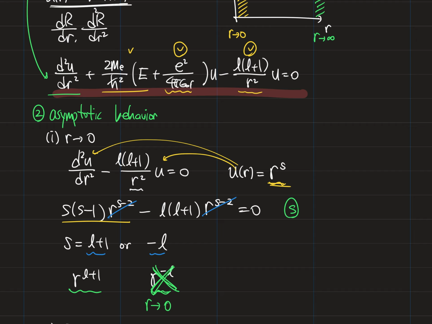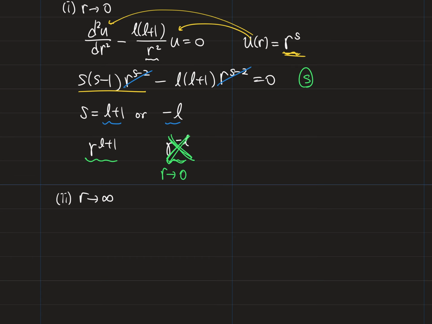So we can ignore them, and we only have the first term, like this one. So d square u dr square plus 2 m e over h bar square u equals 0.